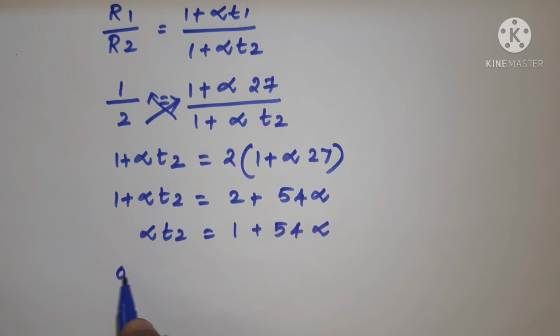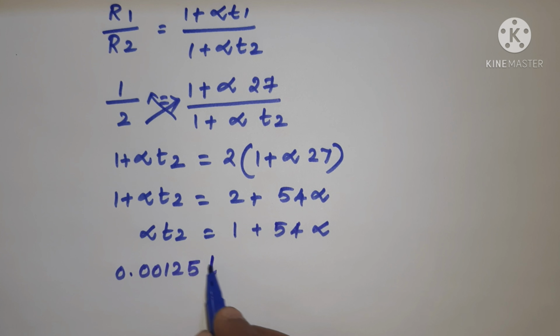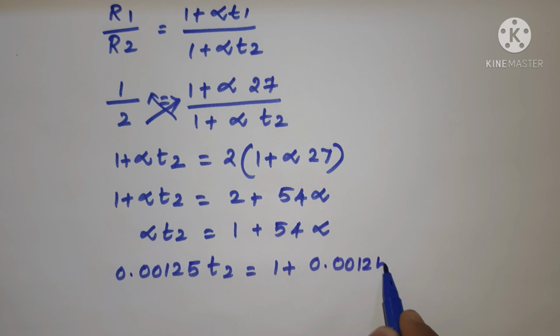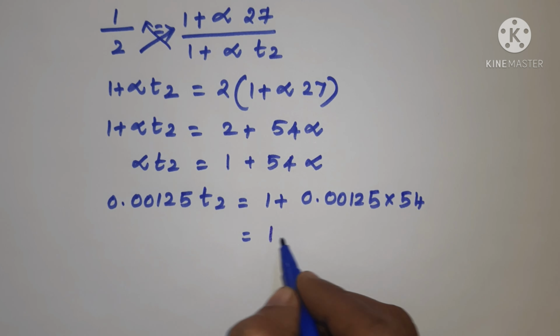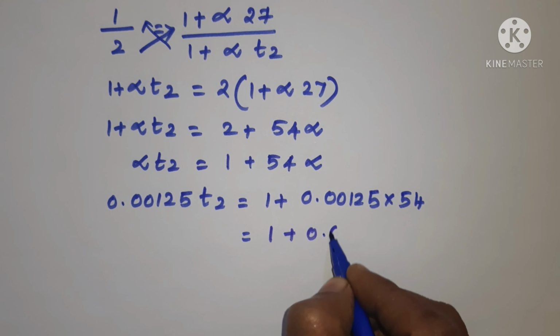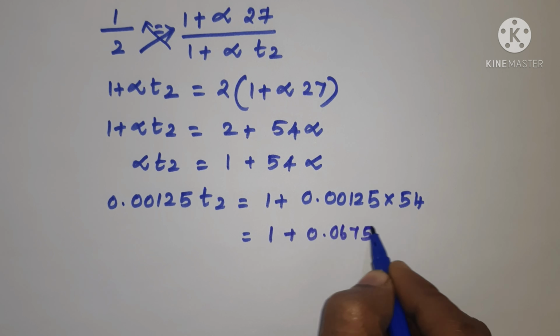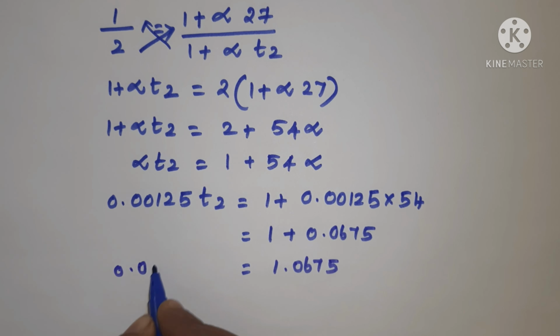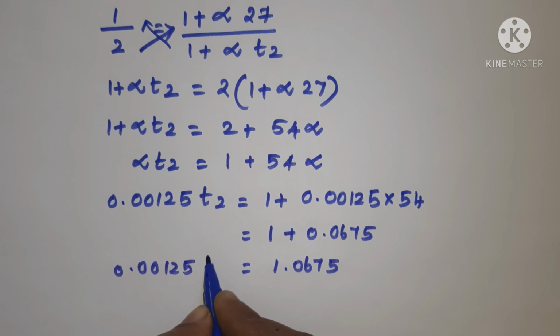Alpha value 0.00125. T2 is equal to 1 plus 0.00125 into 54. So I have 1 plus 0.0675, which is equal to 1.0675, equals 0.00125 T2.